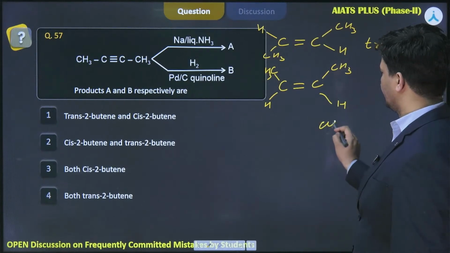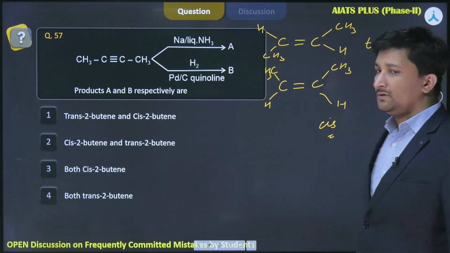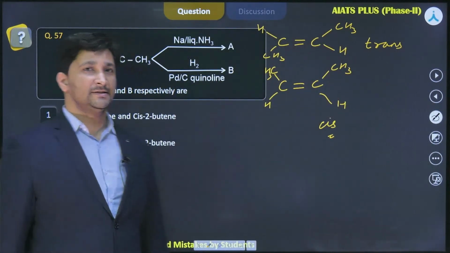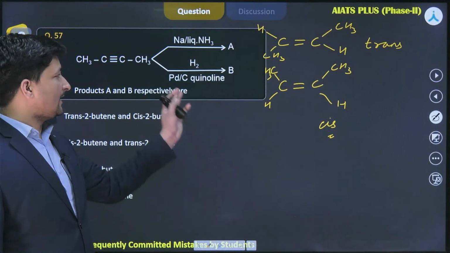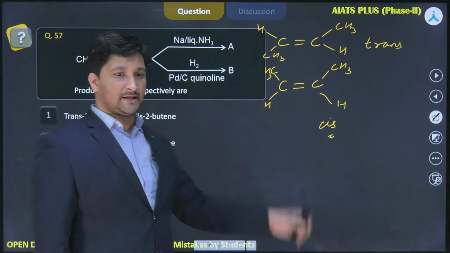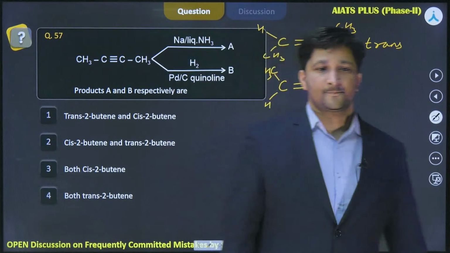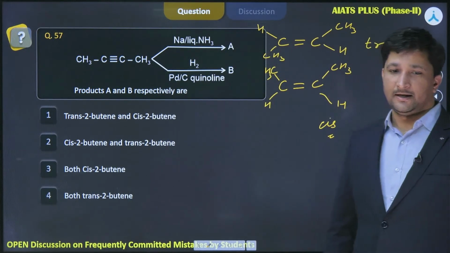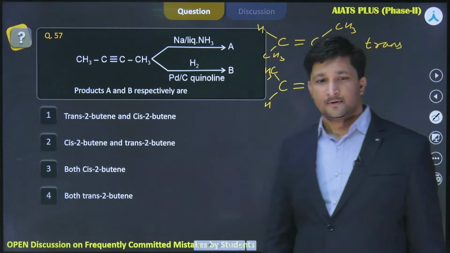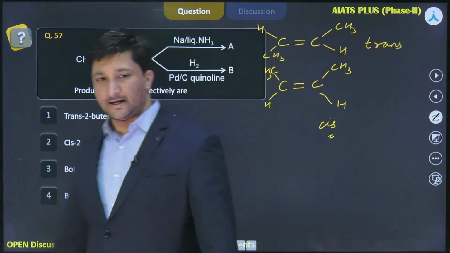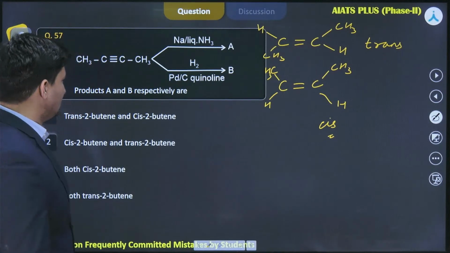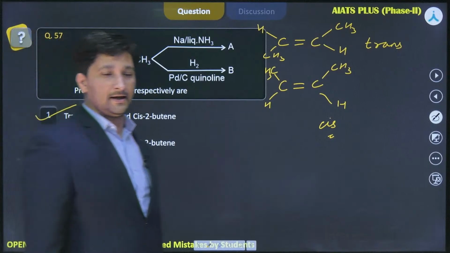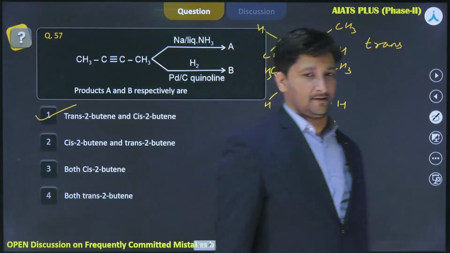This is cis. So they are basically geometrical isomers of each other. Can any one of you tell the common name of this catalyst? Hydrogen in presence of, exactly, Inakshi. Option number 1, exactly, Rahul. Option number 1 is the correct answer here, and this catalyst is called Lindlar's catalyst. Yes, study Empire.